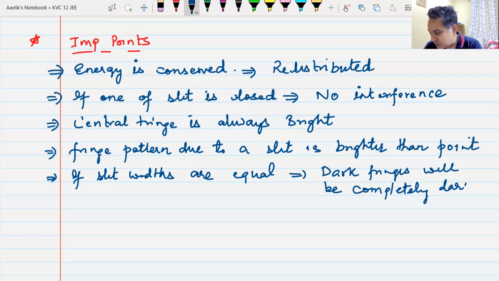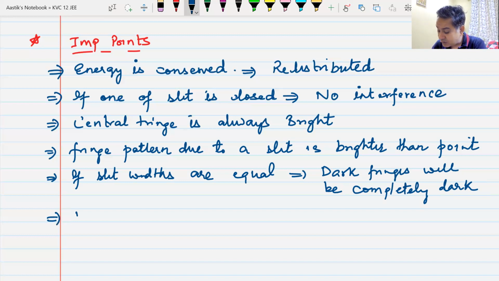If you can make both the widths of the slits exactly the same, your dark fringes will be completely dark and your bright fringes will be completely bright. Do we understand this? Yes, sir.